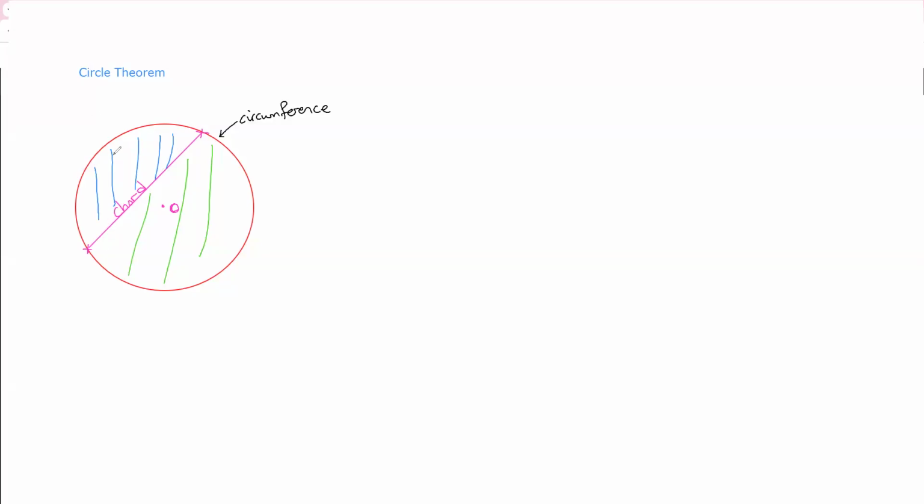The smaller one, we call the minor segment, and the bigger one, we call the major segment. Right? So segments are very important when it comes to circle theorem. All right. So our next thing is that of the sector.